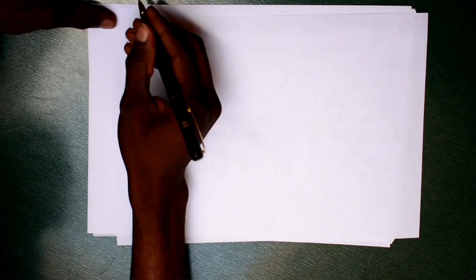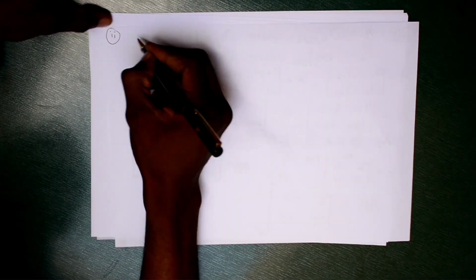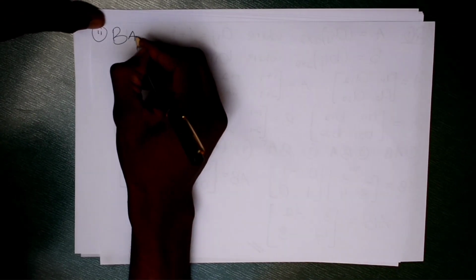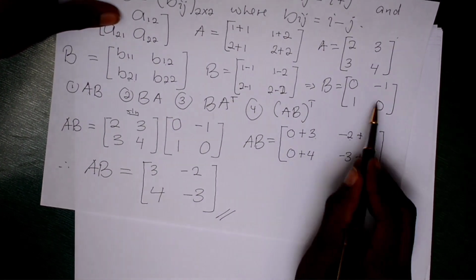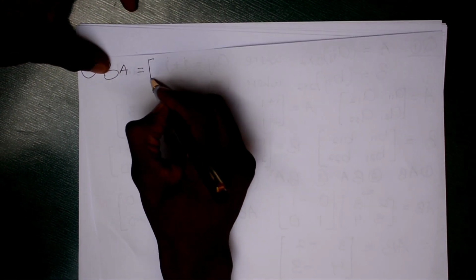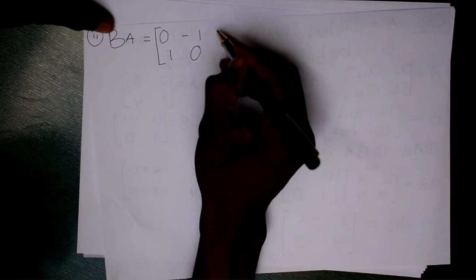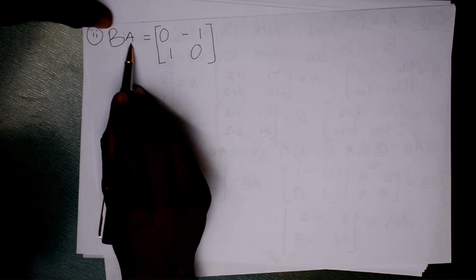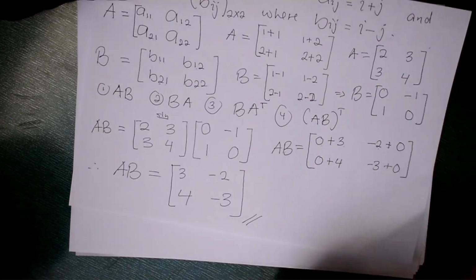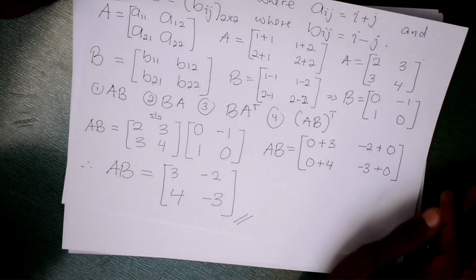Then now we are going to compute BA. So let's find it. The matrix B is 0, minus 1, 1, and 0. And matrix A as produced is 2, 3, 3, and 4.